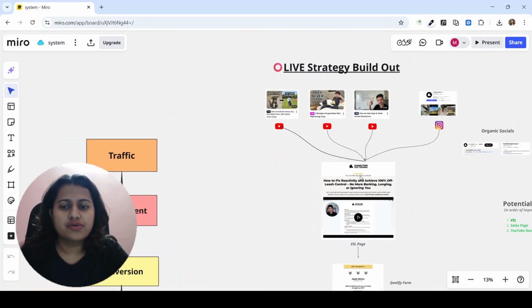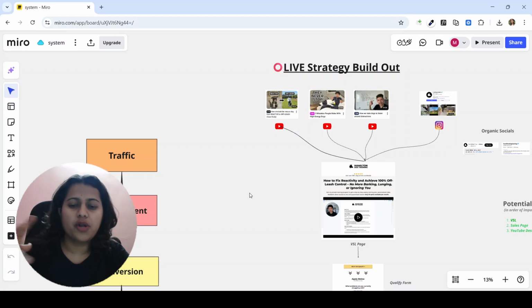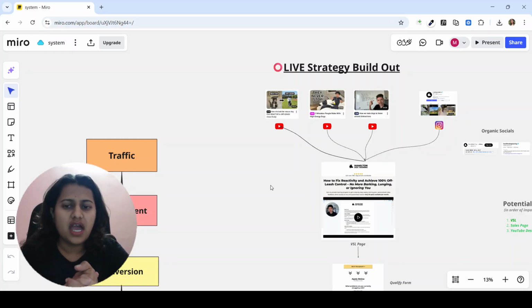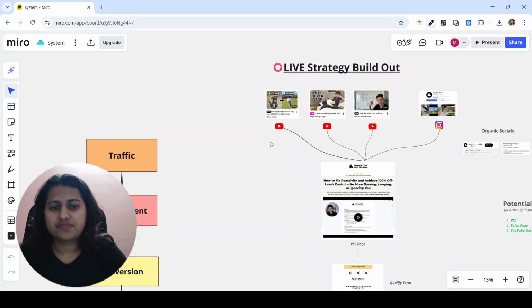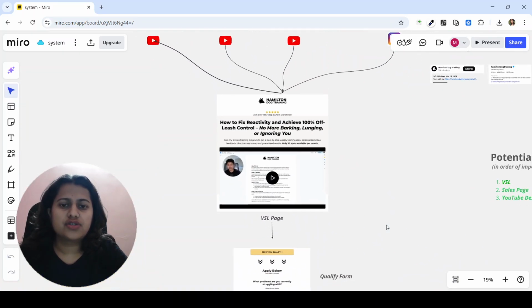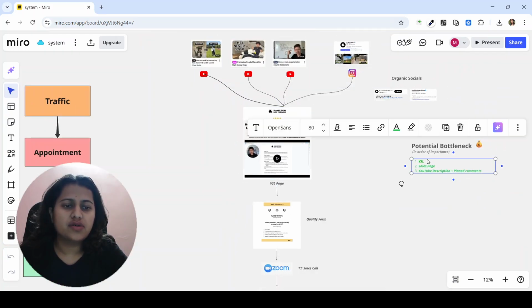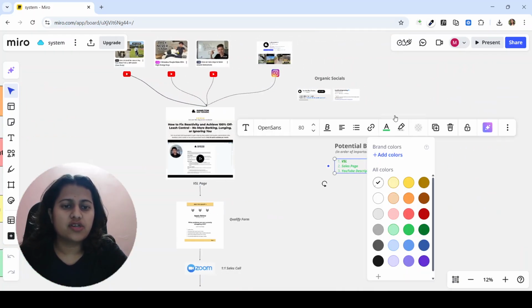Now what we had to figure out was how to help him with the appointments. He was not actually getting many appointments, and this is where we had to figure out what the biggest bottleneck was that was restricting him from getting appointments, though he was getting more traffic, more eyeballs on his content.